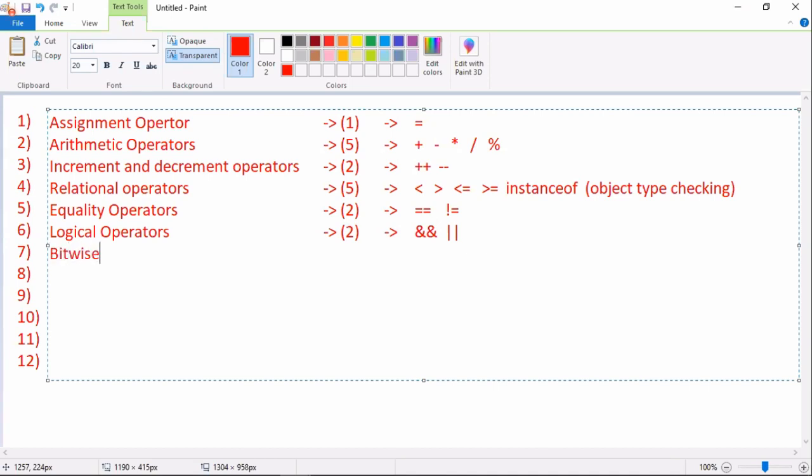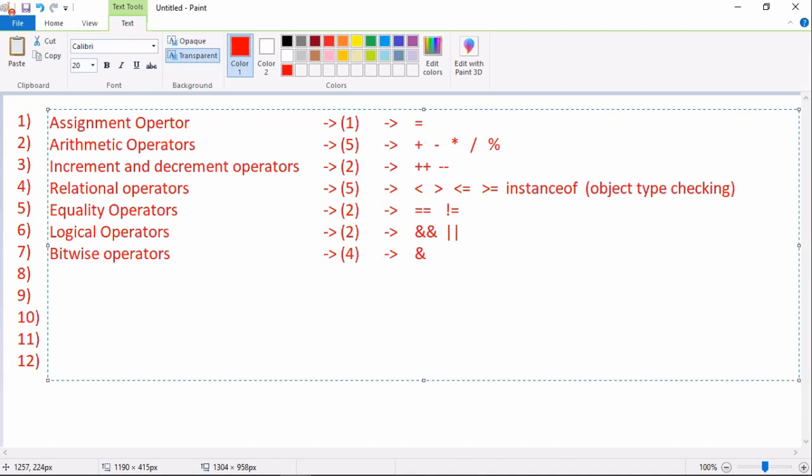Next operator is bitwise operators. How many bitwise operators do we have? Four. What are they? Number one, single and.